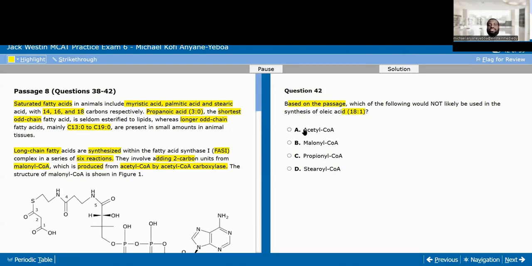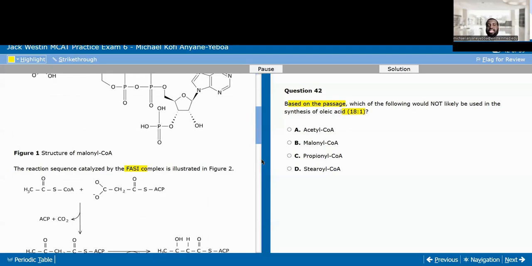So acetyl-CoA can be used. That's great. I think that's true. Malonyl-CoA from the first paragraph. We are using acetyl-CoA, which is transformed to malonyl-CoA, and malonyl-CoA is now transformed into the fatty acid. So these two can be used.